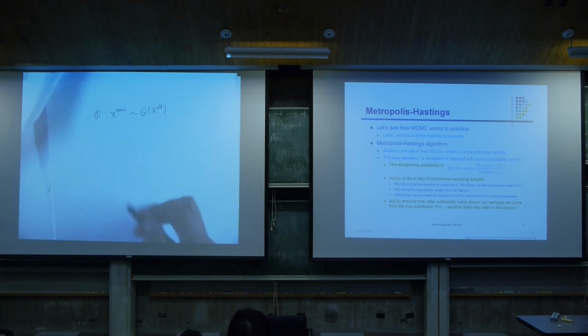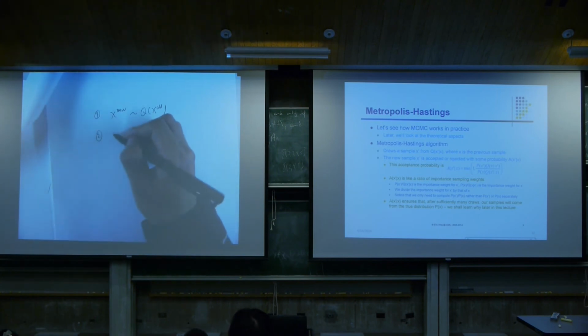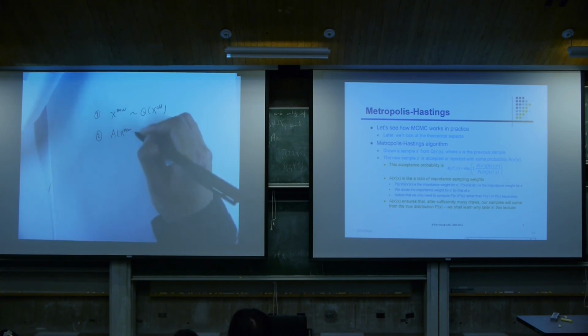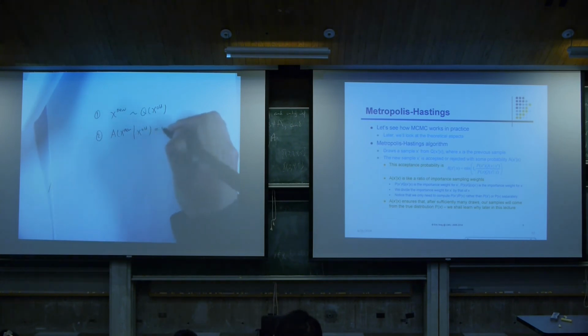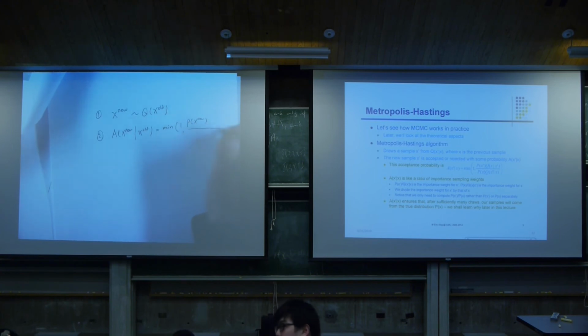I generate a sample in this way, and next I'm going to compute a quantity A of X new given X old, which takes a minimum of 1 and P(X new) over P(X old), times the Q ratio.